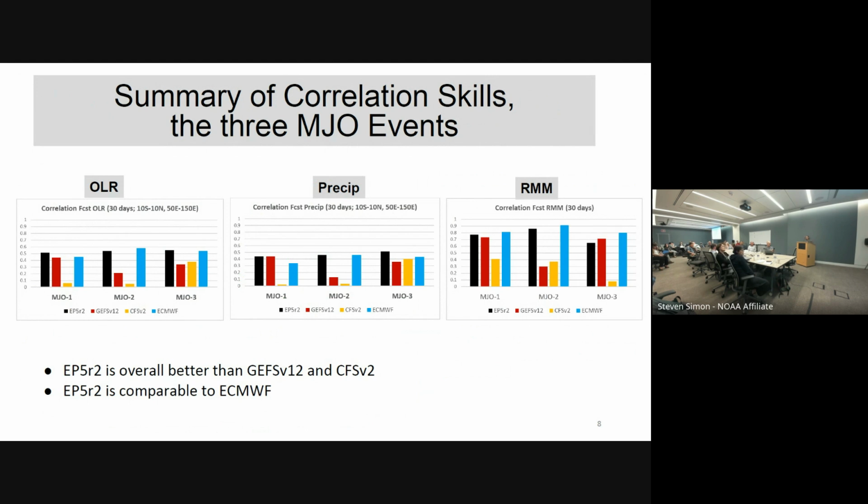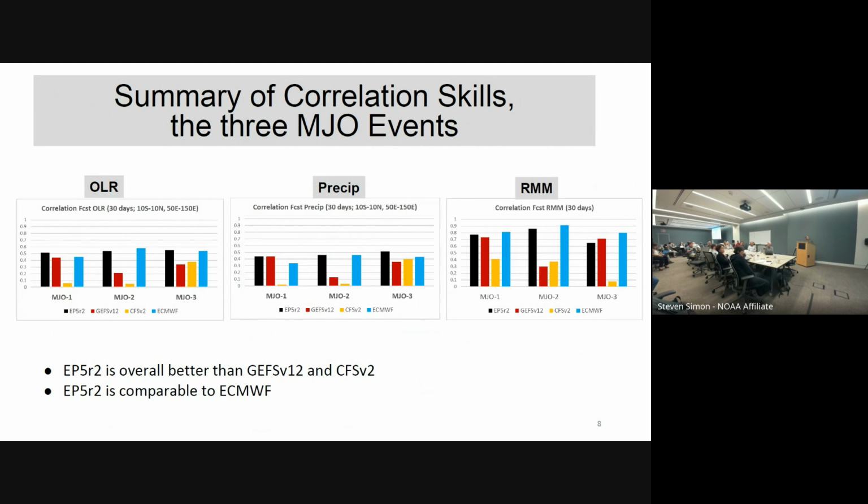Consistent with the spatial map, we see that both EP5R2 and the ECMWF, the black and blue bars, have better skills than the CFSv2 and the GEFSv13, the orange and red bars. EP5R2 is comparable to ECMWF.